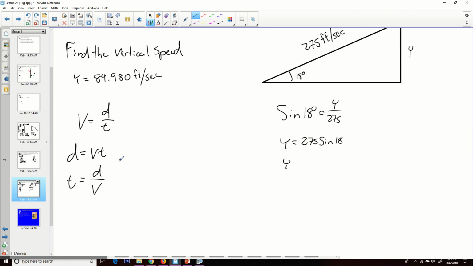And so I've got 1,000 feet divided by 84.980 feet per second. Our units will cancel, because when you divide by a fraction, you take the reciprocal: feet will be on the top, feet will be on the bottom, and all that will be left is seconds. There's our unit analysis.